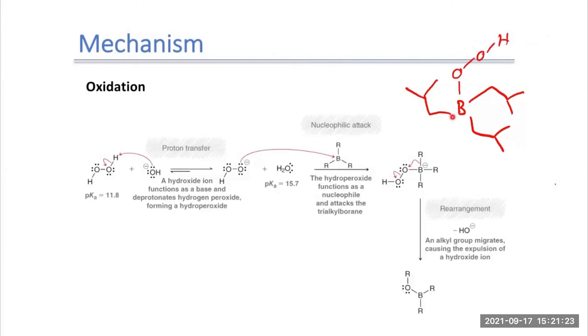And so what will happen is that entire alkyl group will rearrange onto the oxygen. So our entire group here moves to the oxygen, which then causes this one to get kicked out, and we lose a hydroxy group. So that's how we end up with our product down here.